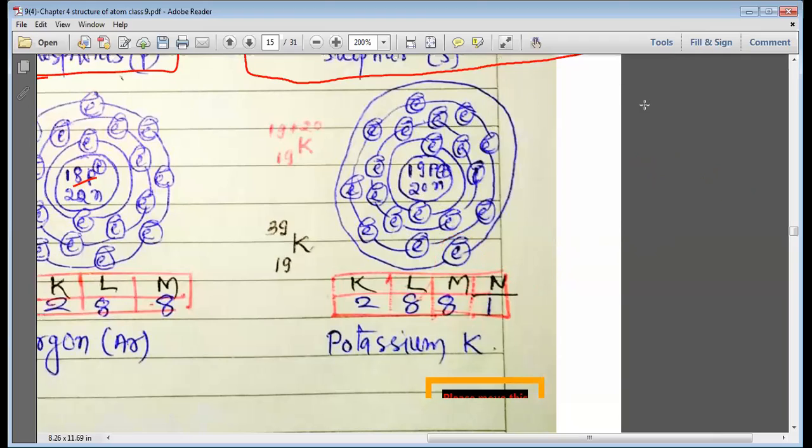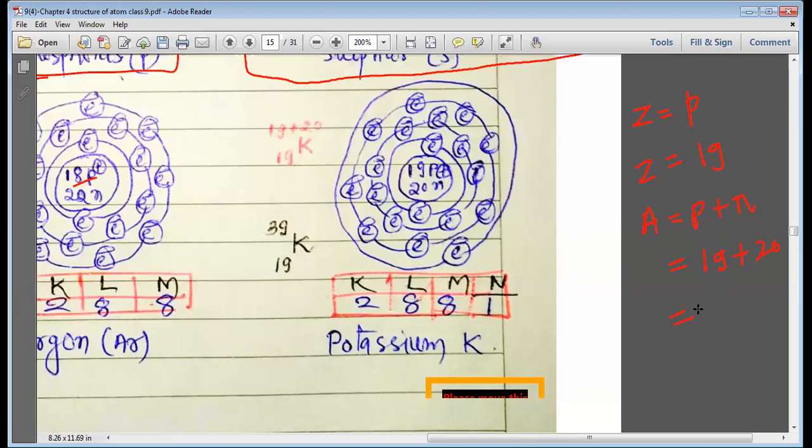Now, my dear students, if we want to find out the atomic number Z, we know that the atomic number Z is equal to the number of protons, and that is why we can write that for potassium Z is equal to 19. And if we want to calculate the atomic mass number, we know that atomic mass number is equal to number of protons plus number of neutrons. So here we have 19 protons and 20 neutrons.